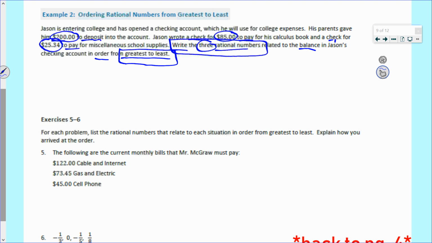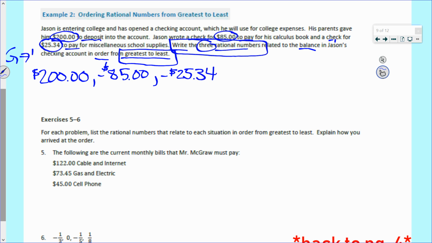First thing we need to do, write the 3 rational numbers. $200 deposit, what number would that be? 200. A check of $85 to pay for something would be? Negative 85. And a check for $25.34 to pay for something would be negative. So, again, on the side, guys, always a good idea, write what you're doing.